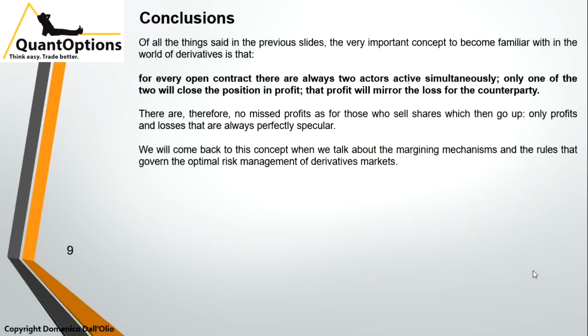So, the conclusion of all the things said in previous slides: the very important concept to become familiar with in the world of derivatives is that for every open contract, there are always two actors active simultaneously. Only one of the two will close the position in profit, and that profit will mirror the loss for the counterparty.